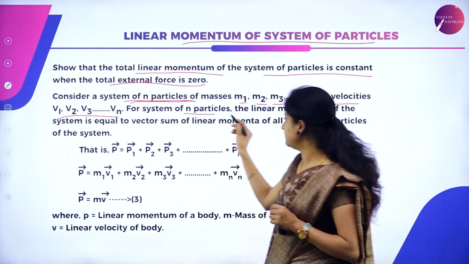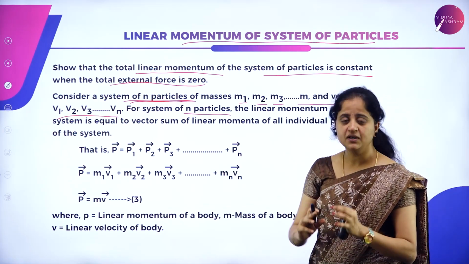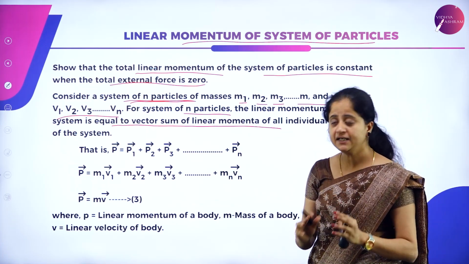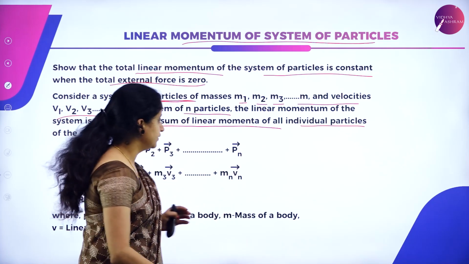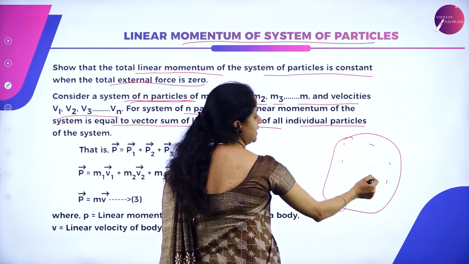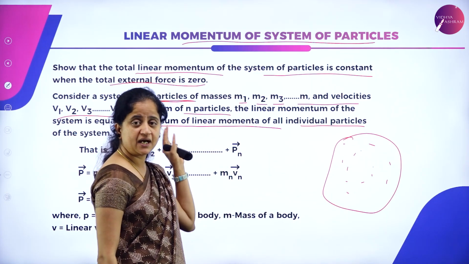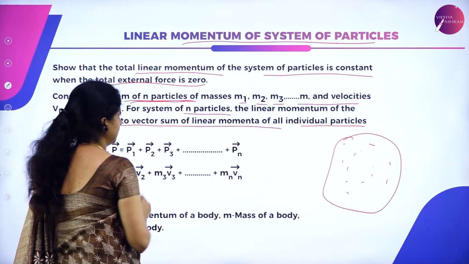For a system of n particles, the linear momentum of the system is equal to the vector sum of the linear momenta of all individual particles.